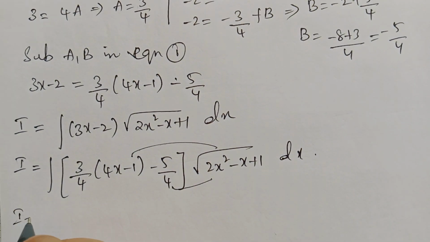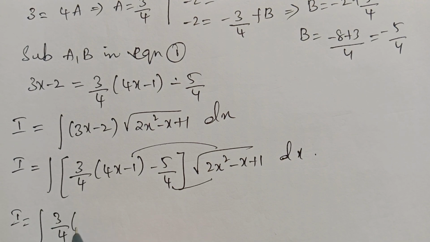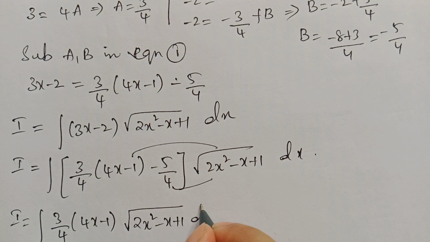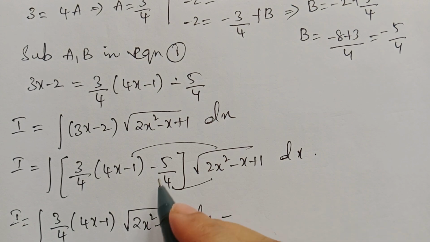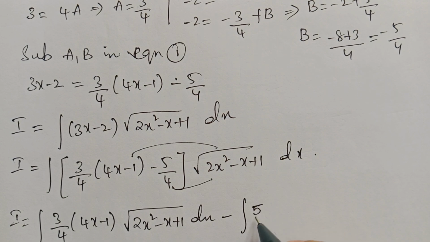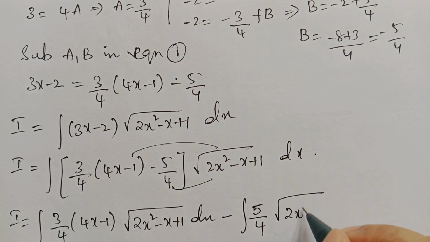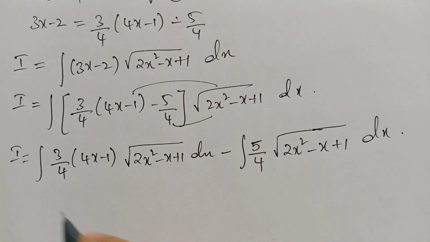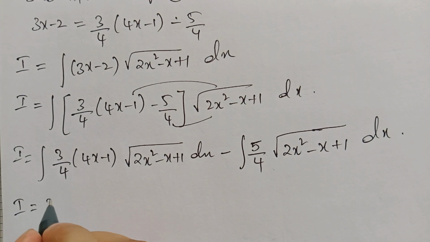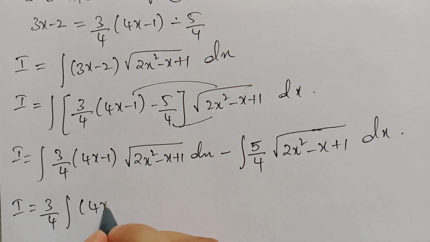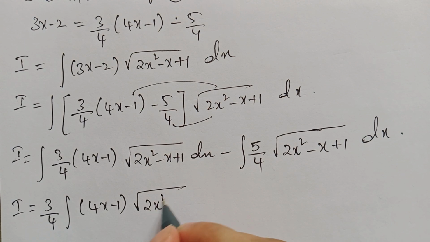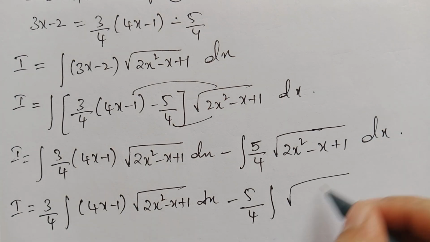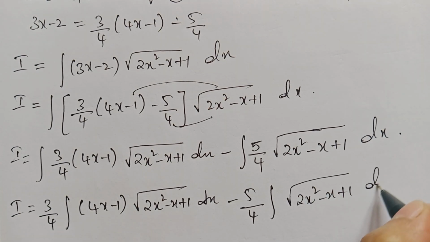We get I equal to the integral of 3 by 4 into (4x minus 1) into root of 2x square minus x plus 1 dx, and minus the integral of 5 by 4 root of 2x square minus x plus 1 dx. Now this 3 by 4 can be written outside, so I is equal to 3 by 4 integral of (4x minus 1) into root of 2x square minus x plus 1 dx, minus 5 by 4 outside, integral of root of 2x square minus x plus 1 dx.